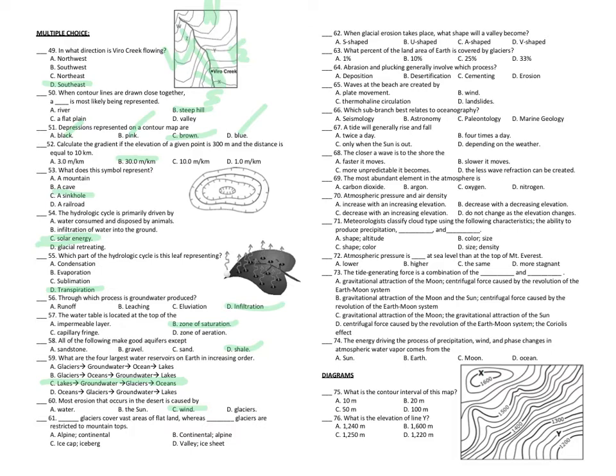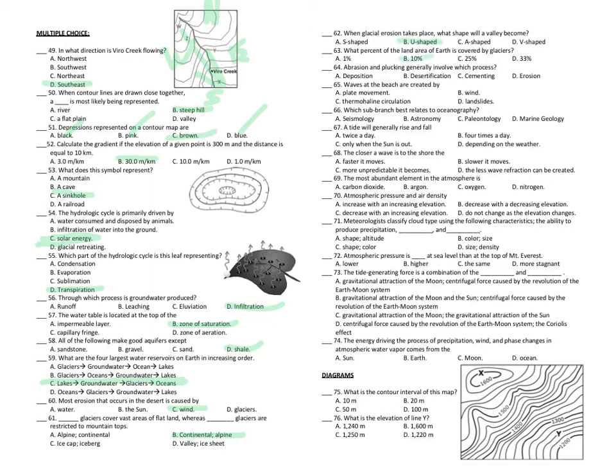All right. Down here, continental glaciers cover vast areas where alpine glaciers are restricted to basically mountaintops and valleys. When glacial erosion takes place, the shape of the valley will become a U-shaped valley.